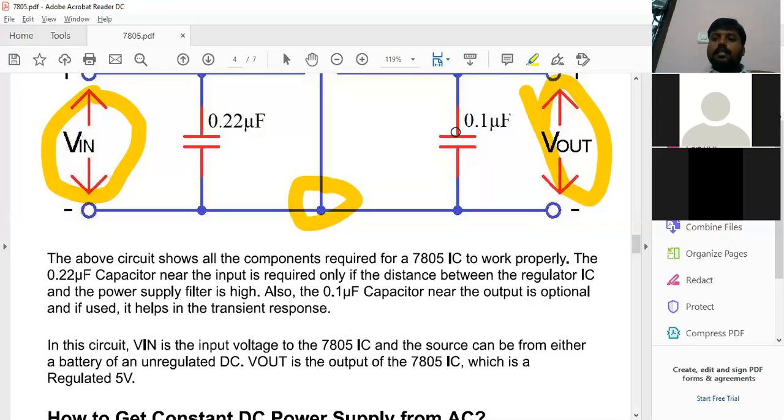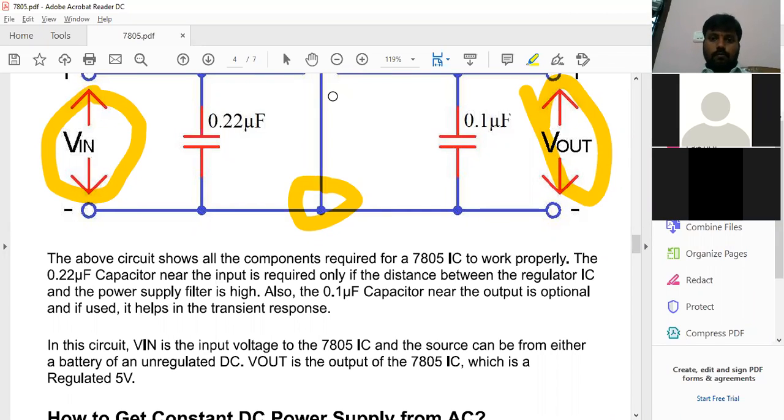So this pulsating DC is now to be filtered to get pure DC. Okay, of course it is pure DC, but it is not constant. To get the constant DC, we are now regulating it by using the regulator ICs. Okay, so if you are getting constant DC supply, it means it is a regulated DC supply.